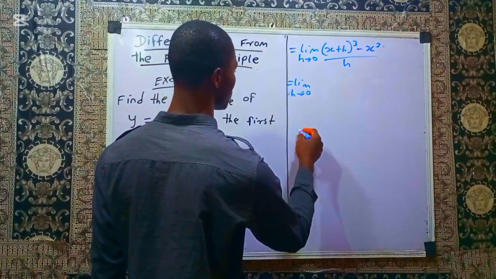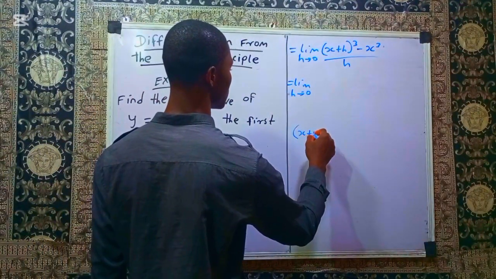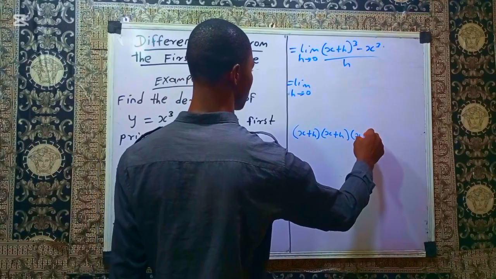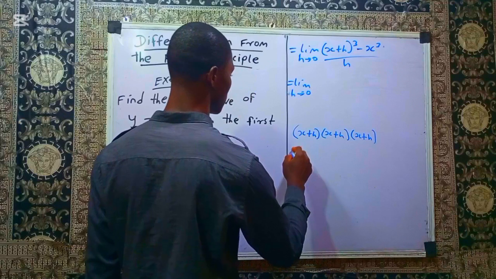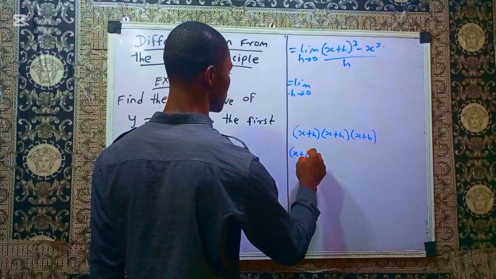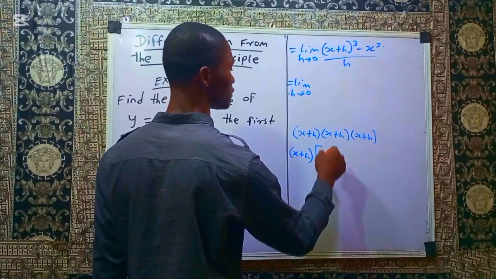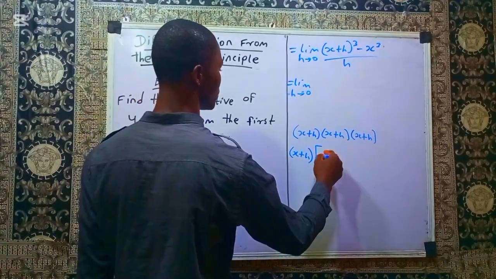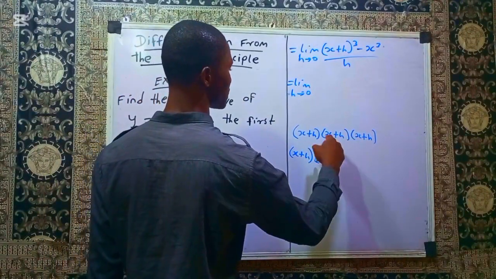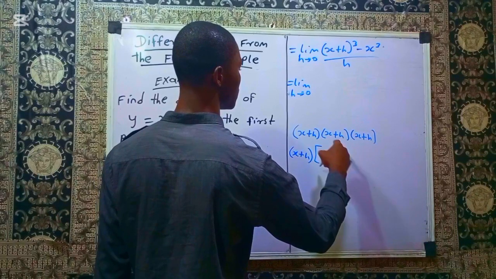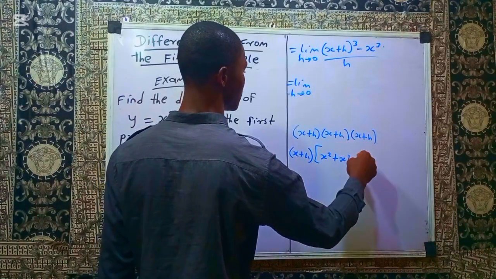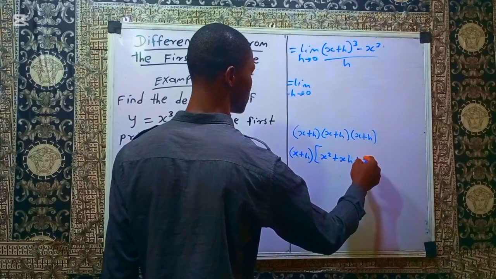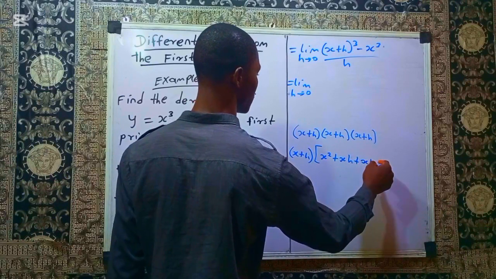So for easy expansion, this is x plus h, x plus h, x plus h. You can just expand the first two first. Expand this, right? x multiply x will be x squared. x multiply h is xh. Then h multiply x is plus hx. hx is the same as xh.